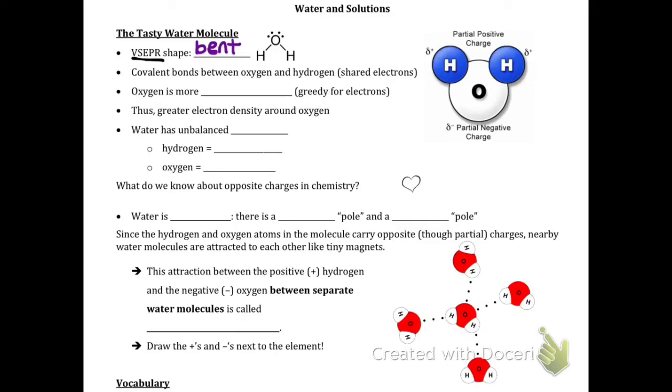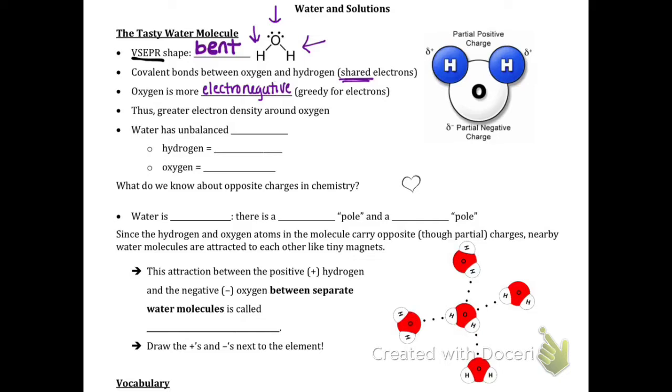So you have an oxygen here, and you have two hydrogens that are attached to it. And so it is a bent shape. It has covalent bonds between oxygen and hydrogen. That means they share electrons. Oxygen is what we call more electronegative than hydrogen, meaning it's more greedy for electrons.